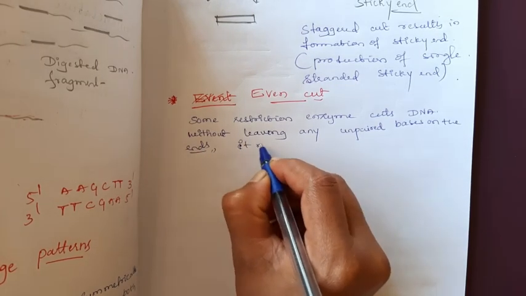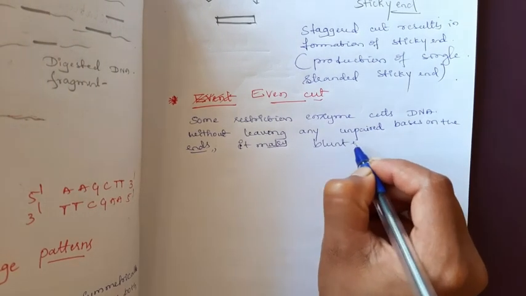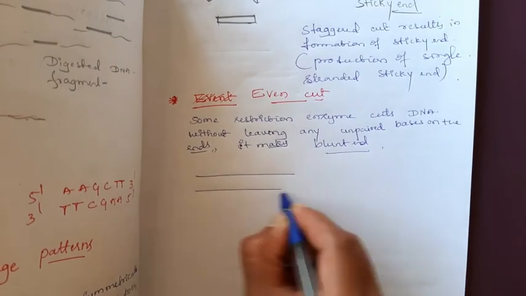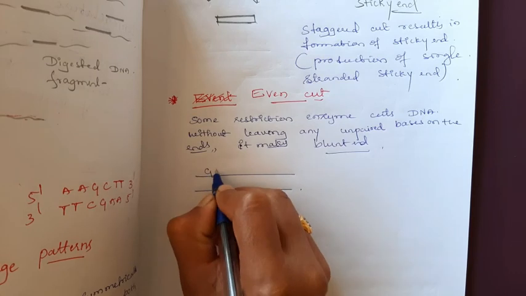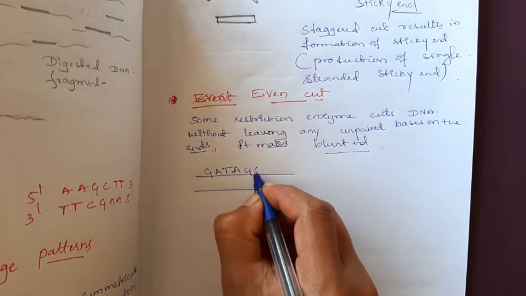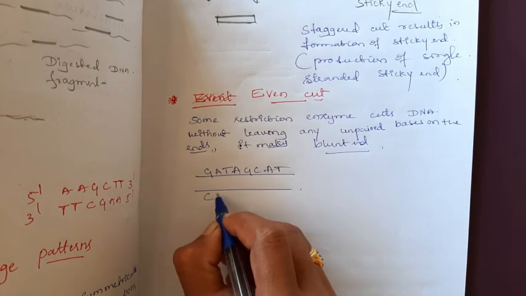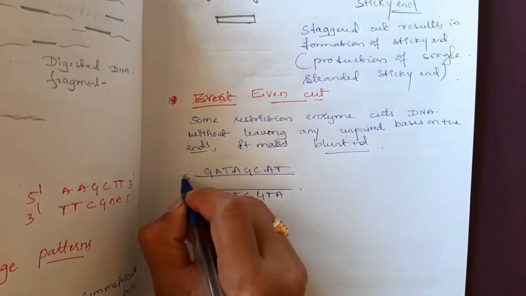It makes a blunt end. Consider this is the sequence. I will take another sequence, T A C G A T, and its complementary C G T A.